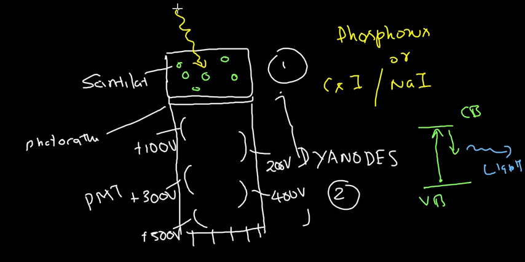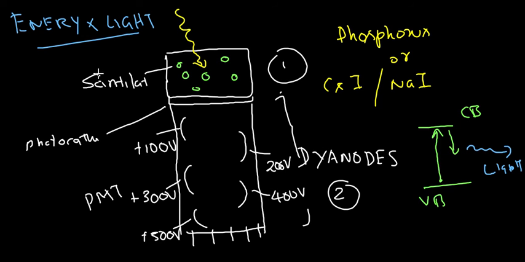Whenever the radiation interacts with your scintillator medium, in simple words, it absorbs the radiation energy and converts that into light. That's the simplest explanation.